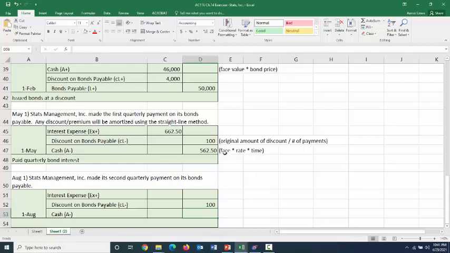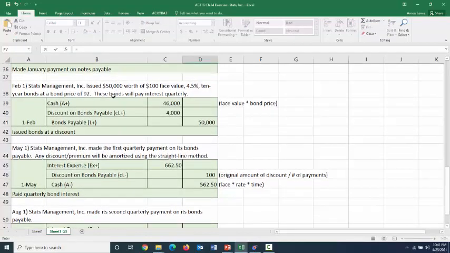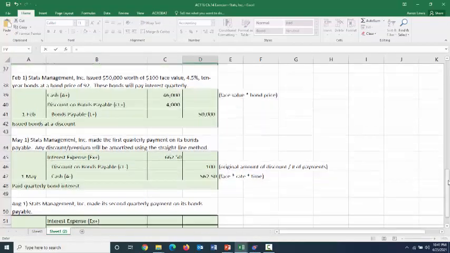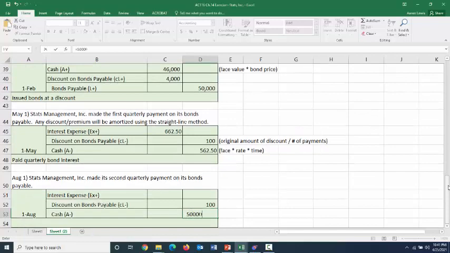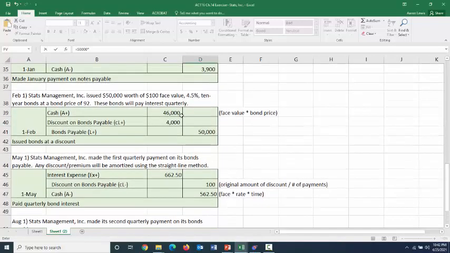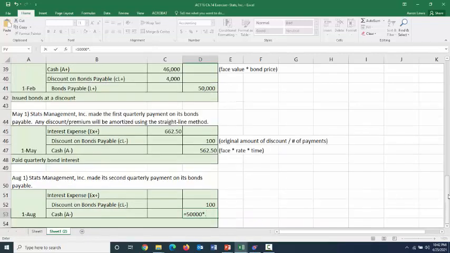What about cash, the actual amount of interest we're going to pay? Well, that is face times rate times time. So what is the face value of our bond? We see on our February 1st entry, it tells us there was $50,000. What's the rate? That hasn't changed. This bond was still issued at a rate of 4.5%. So let's multiply that 50,000 by 0.045. And what is time?